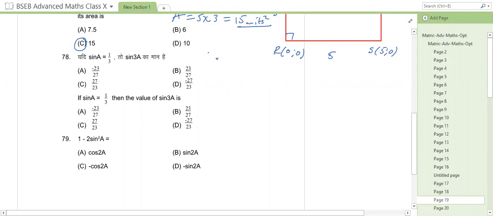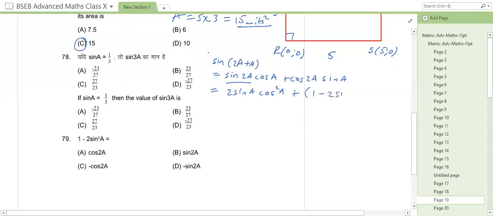I can't remember the formula, so let us solve in this manner. 2A plus A. So we have sine 2A cos A plus cos 2A sine A, which is 2 sine A cos squared A, because we're getting 2 sine A cos A times cos A, plus (1 minus 2 sine squared A) times sine A.